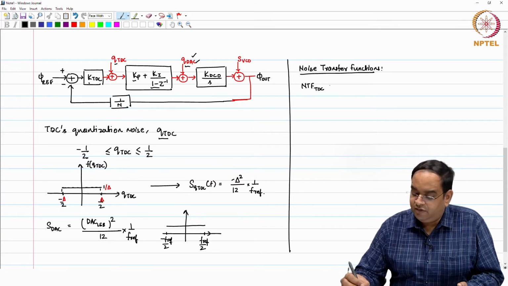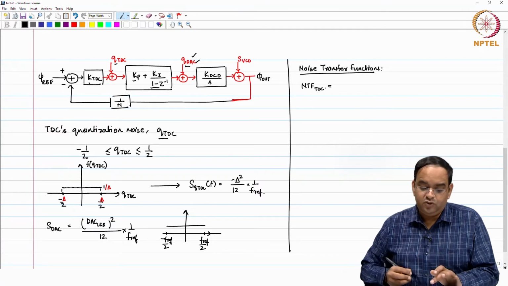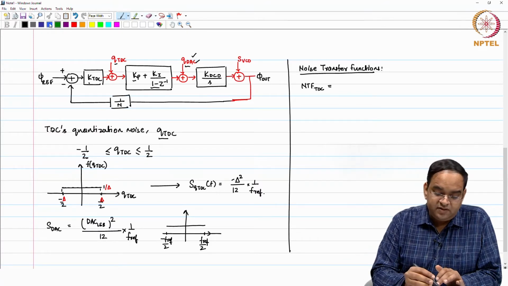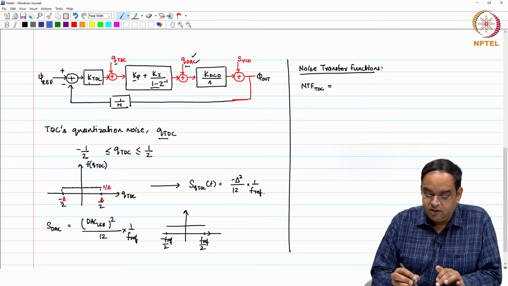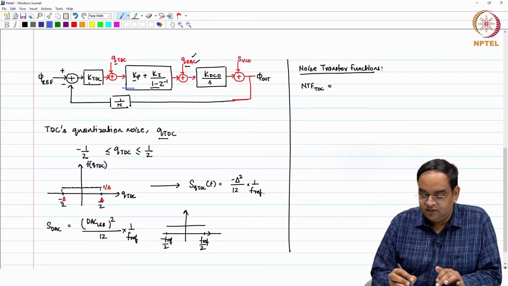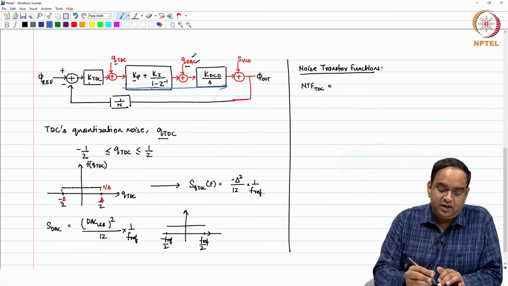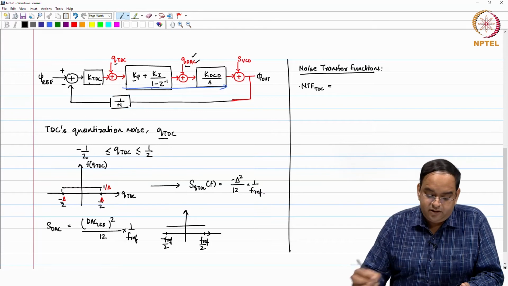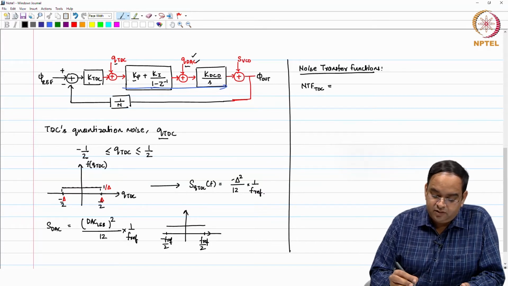Look at the gain: the forward path gain is this, and then you have the feedback gain, or you can say whatever loop gain you have.